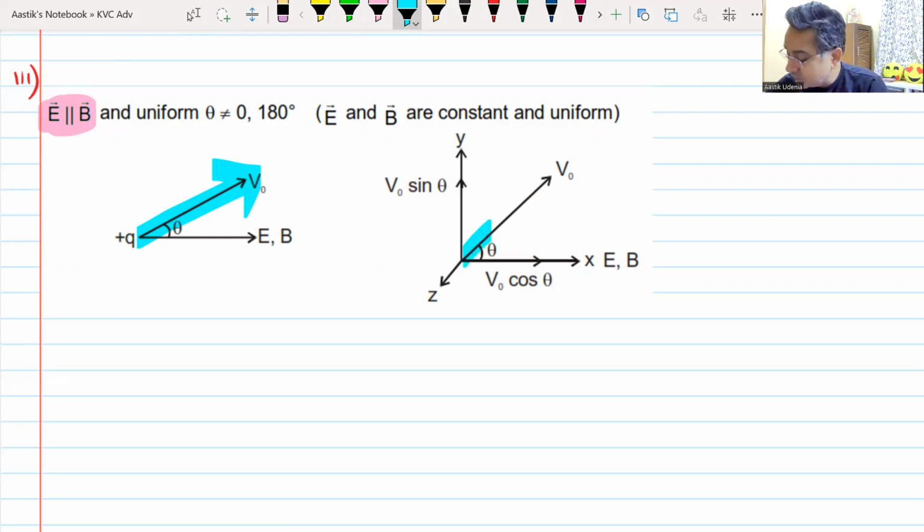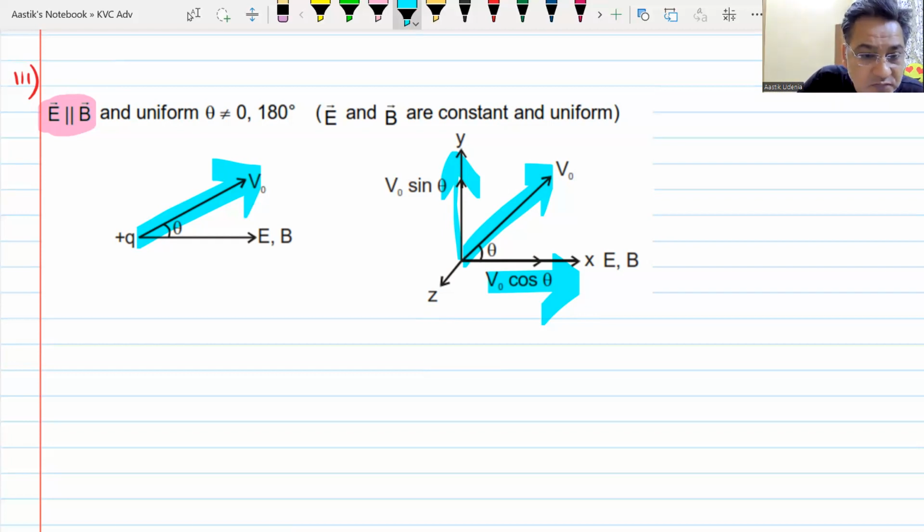As you can see, this velocity has been broken up into two, one horizontal component and one vertical component, to make you understand what is going to happen with this particle. Can you tell me what type of motion this particle is going to have? Any idea?